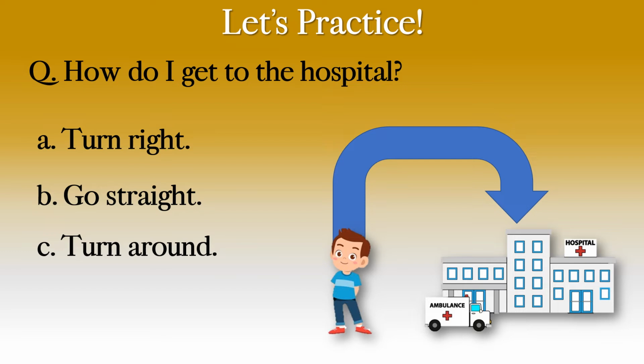Well, if we look at the blue arrow, we do go up straight, but then we go around and then we come back. What action is the same as come back? Turn around, that's right. So the answer is C, turn around.